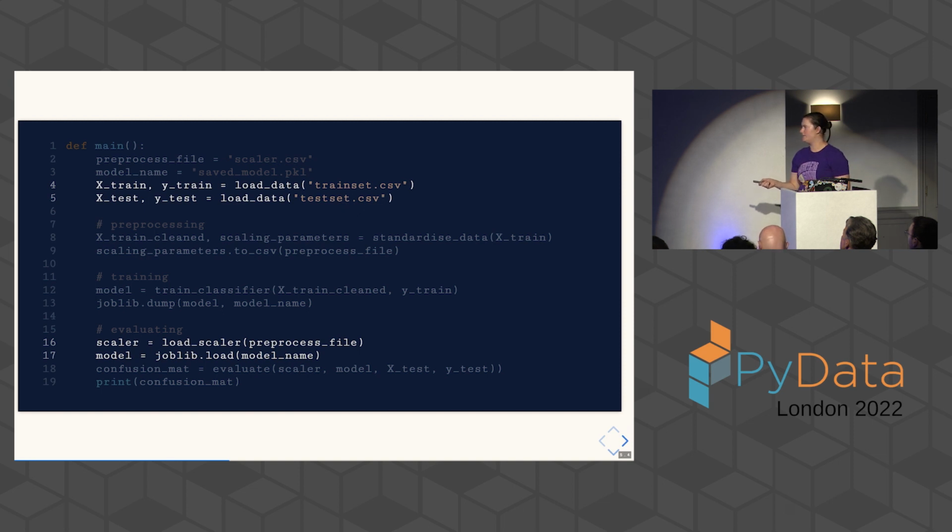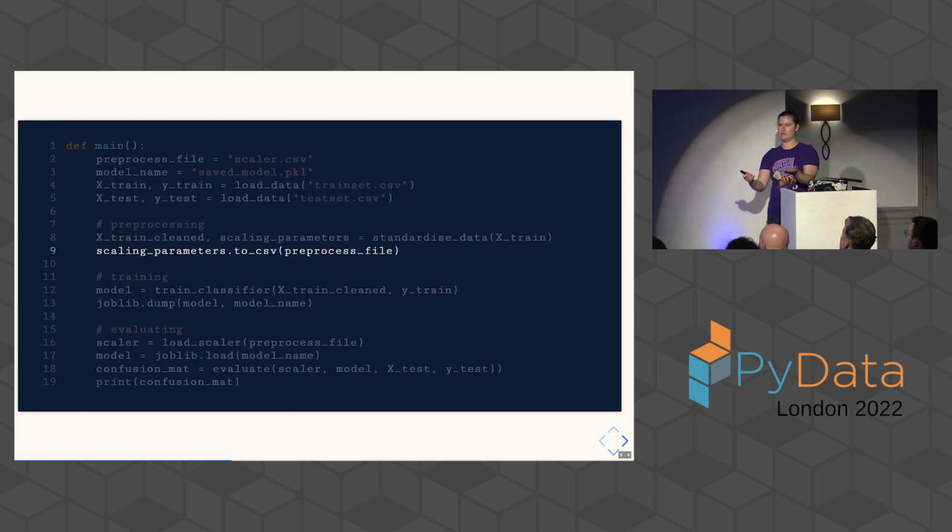It can also load binary files, like the pickle of a model and the scaling part, the preprocessing part, if we want to do the evaluation separately from the script. Then main is also responsible for the outputs. So when I get the preprocessing parameters, I save them to a CSV file. When I save the model, it's also responsible for printing the confusion matrix. Printing things to stdout is also an output. It's also a side effect.